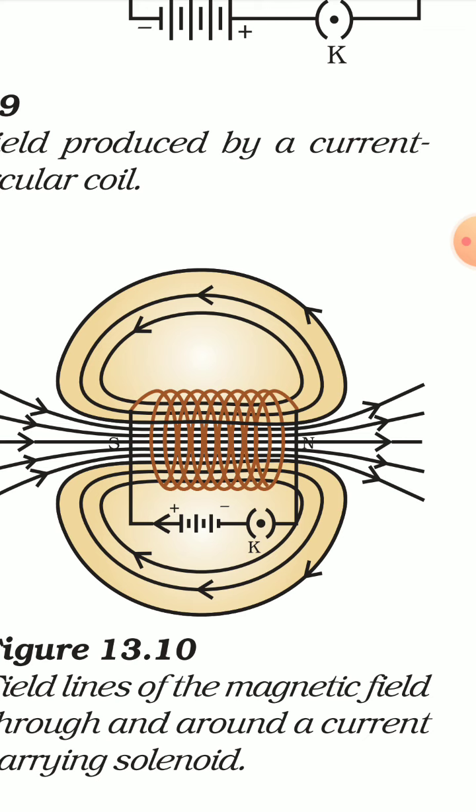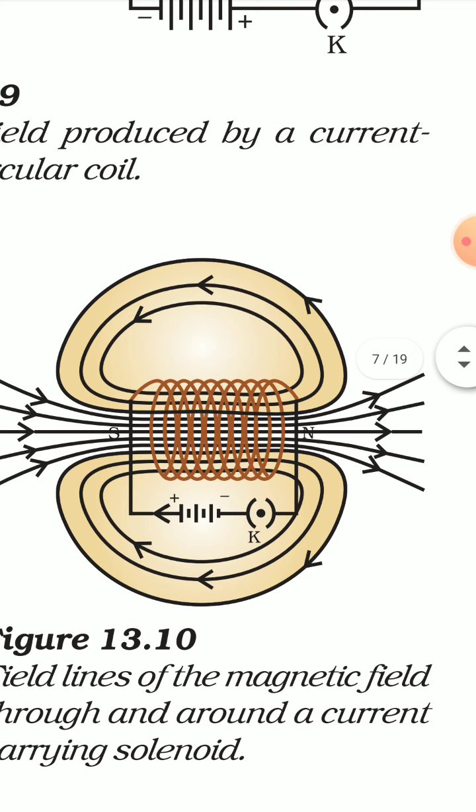You can see the pattern, and you know that once the current is stopped in the circuit, there will be no magnetic field. So you can understand that the magnetic field which we are getting due to this current is actually a temporary magnet. Whether it is a straight conductor, a circular loop or a solenoid, if there is no current, there will be no magnetic field.